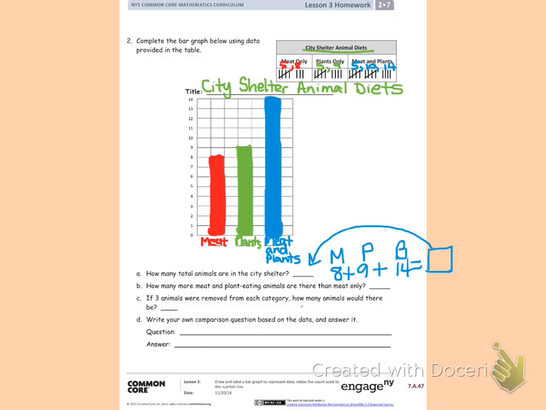Item B, how many more meat and plant-eating animals are there than meat only? I'll underline how many more meat and plant-eating animals are there than meat only.